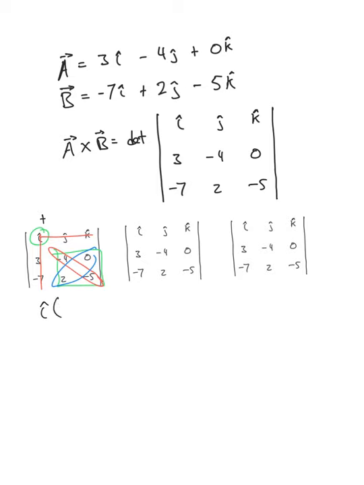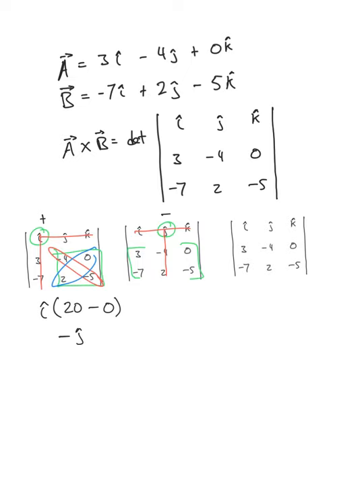So that gives me -4 times -5 is 20, minus 2 times 0 is 0. So that is the i hat component of my cross product. I can now move on to the second matrix, using the j hat component, which has a minus sign, so I'm going to subtract j hat multiplied by the determinant of the submatrix created when I cross out the associated row and column.